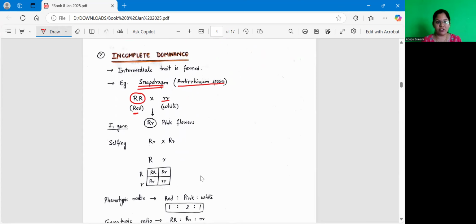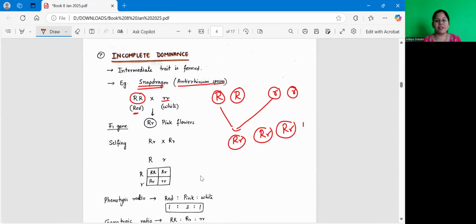In F1 generation, if you take out the gametes, we have capital R, capital R. These are the gametes we get, isn't it? Small r, like this. Now, if you cross the flowers here, in F1 generation, we get what? Heterozygous condition. All of them will be heterozygous only.